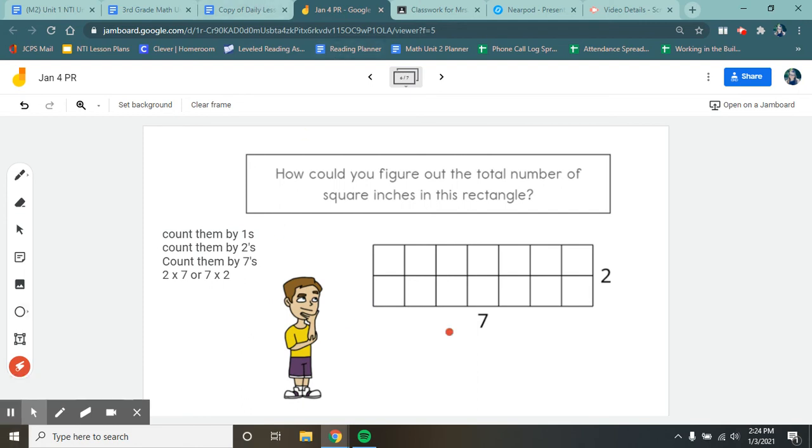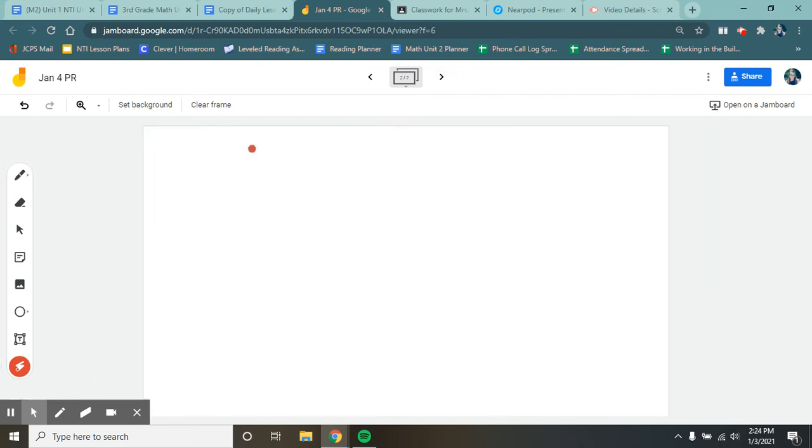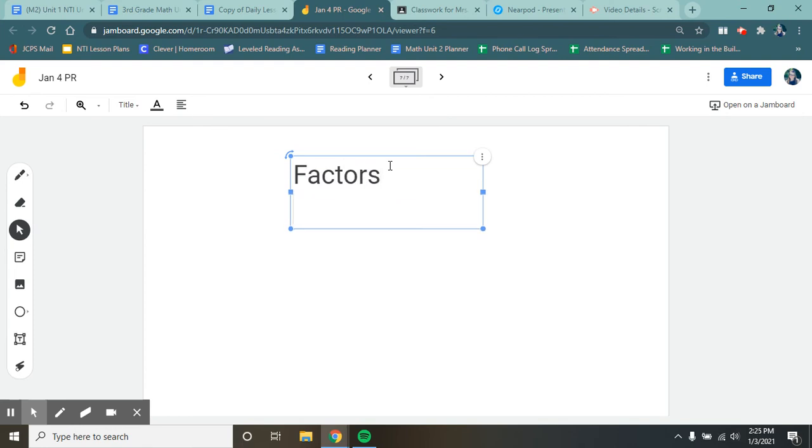All right, and before I let you guys start your cool down for today, I do want to just remind you that as you're going through your writing activities today, make sure you include some of these words. I'm going to write them here so we can have them in a place that you can find them. Some of the words that I want to see in your responses is I want to see the word factors, because I know that when you look at a multiplication problem, you can tell me what the factors are.